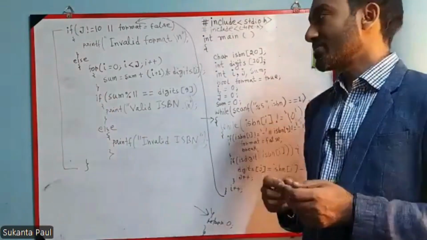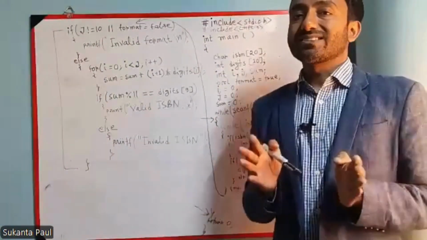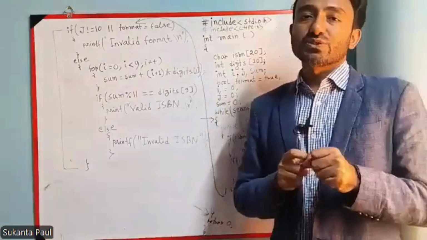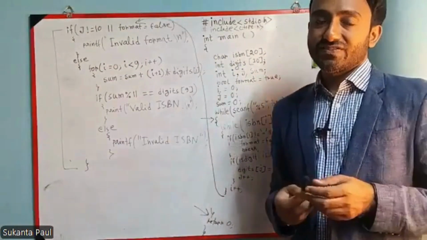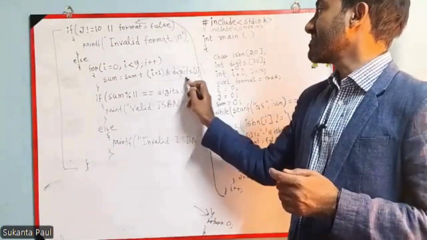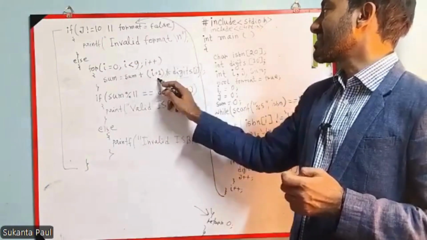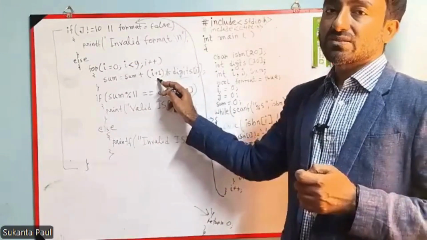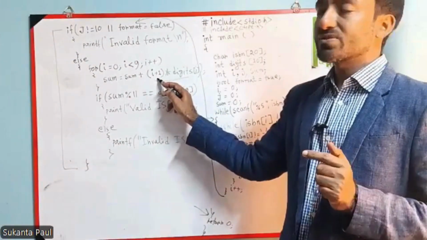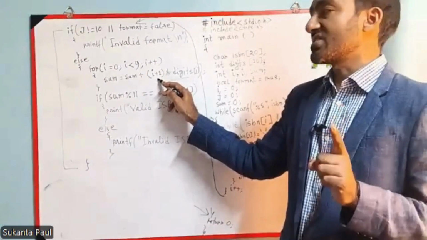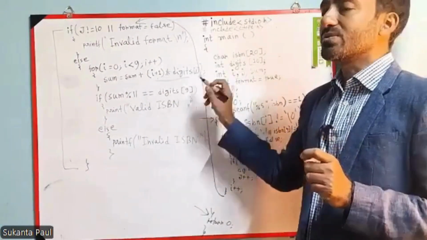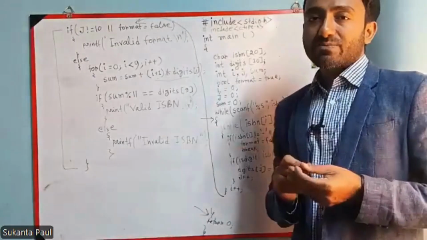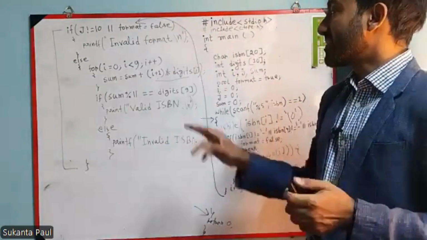If it is a valid format, we need to scan all of the digits from the 0th position to the 8th position. We calculate the multiplication here. When i is equal to 0, this is the first digit, that's why i plus 1. If i is equal to 0, 0 plus 1 is the first digit, into digits[0]. We multiply the first digit with 1.